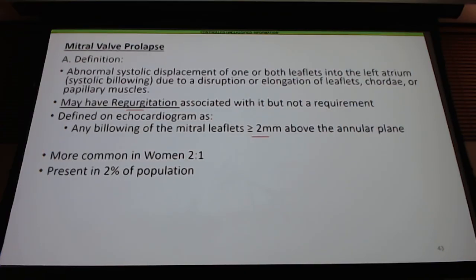But not everybody with mitral valve prolapse is going to have the regurgitation component to it. And then typically, this is probably one of the more common valvular diseases that you're going to encounter in our population. About 2% of Americans have this, and it tends to be much more common in women than men.